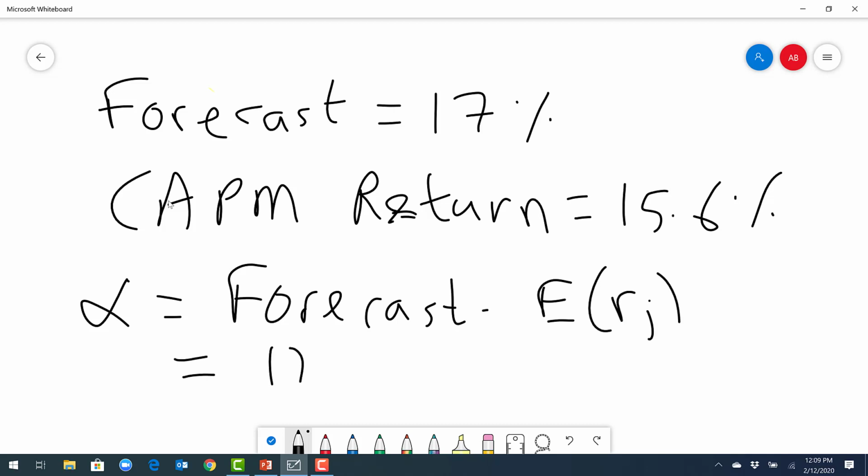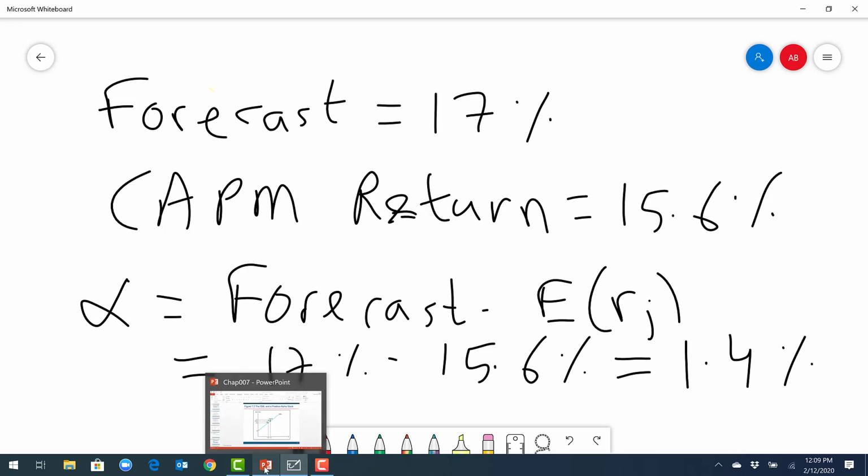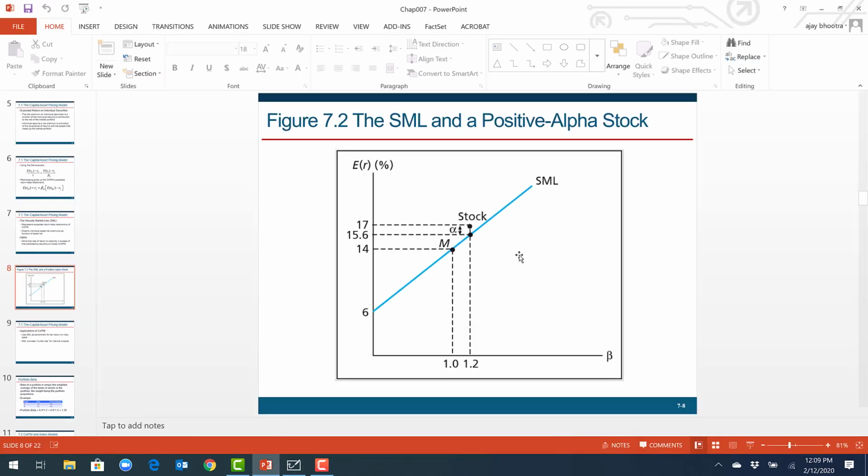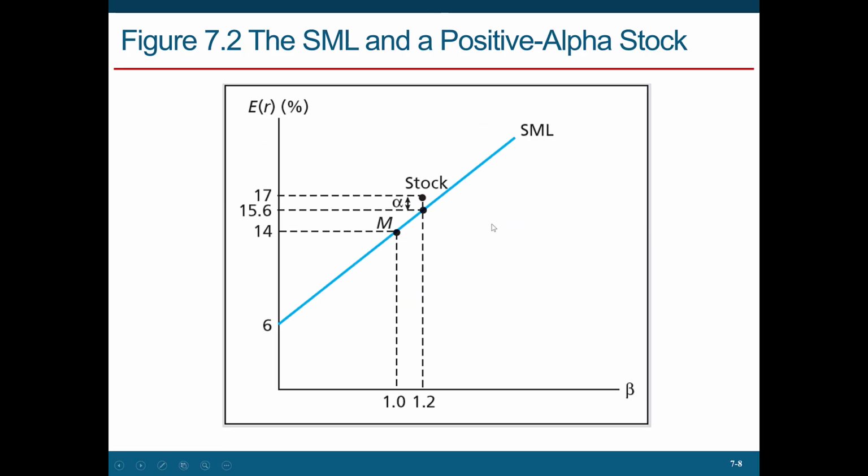So that would be 17% minus 15.6%. So that would be 1.4%, right? So that 1.4% is basically the abnormal return, right? It is more than the fair return and it is positive. So positive alpha implies that the stock or the security is underpriced.